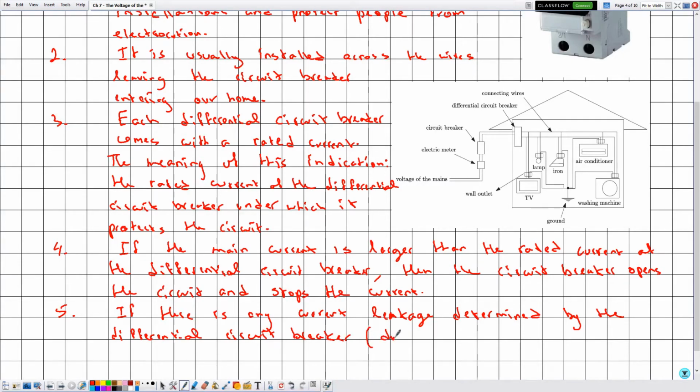So say for example this may be due to a fire or electrocution or for any reason.